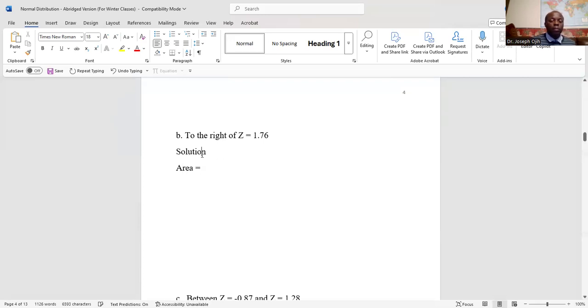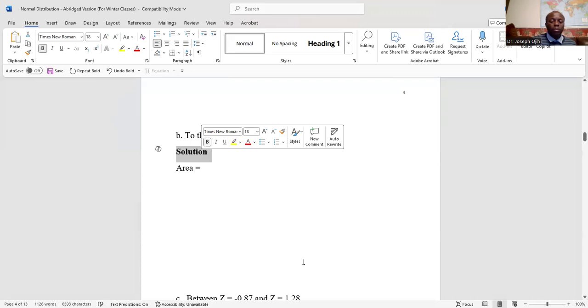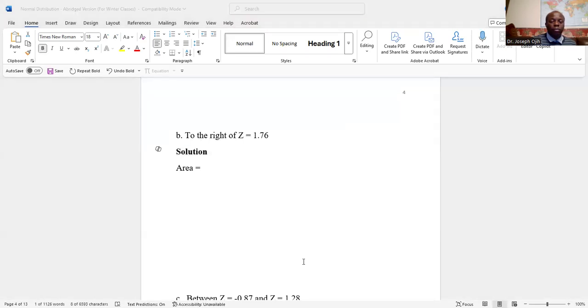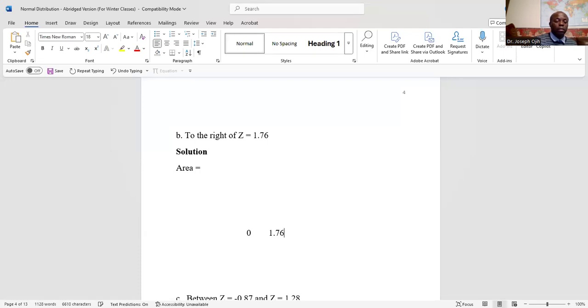So I'm going to draw the chart first, as usual. We draw the chart first. We've got 0 and 1.76.